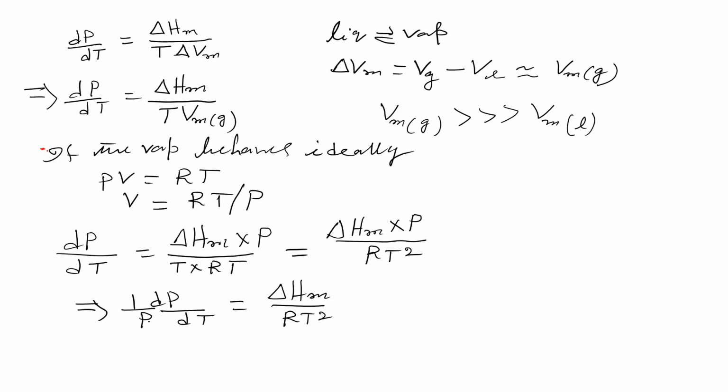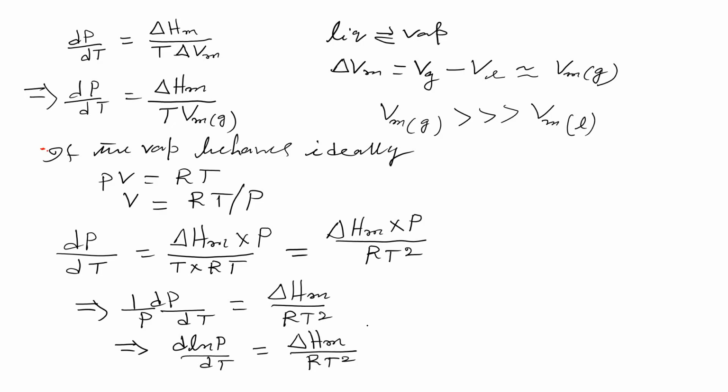Now 1 by P dP, this one I can write as d ln P. So d ln P by dT is equal to delta Hm by RT square.